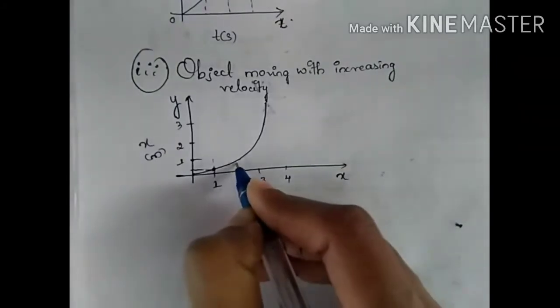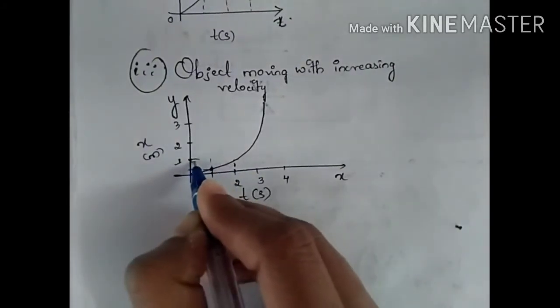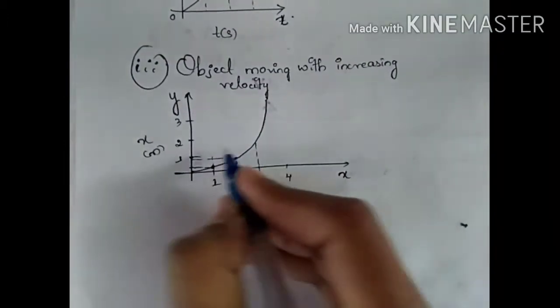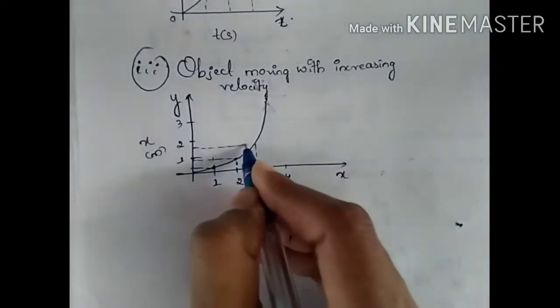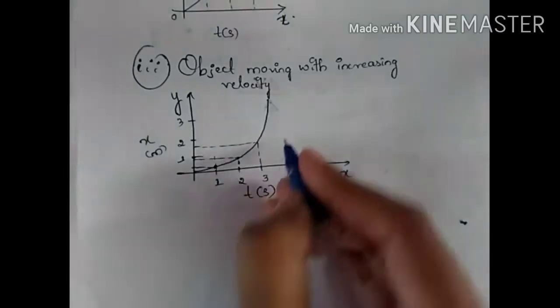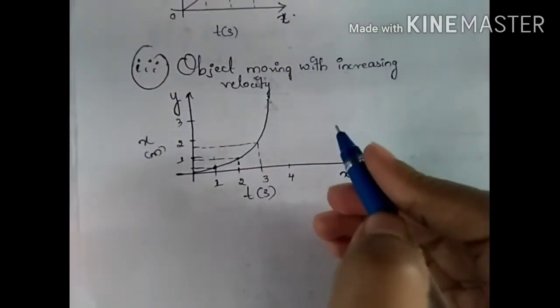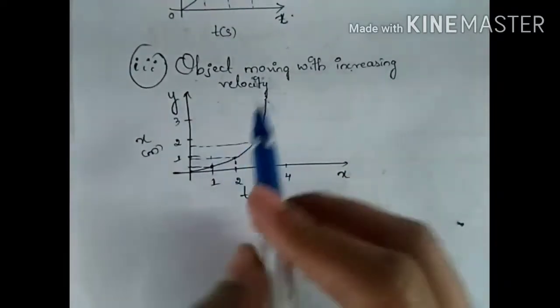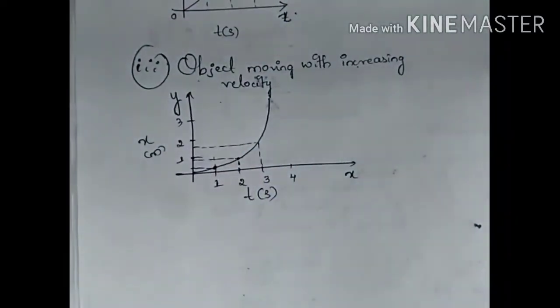For 2 seconds it is less than 1 meter. For 3 seconds it is greater than 1.5 meters, and so on. So for an object moving with increasing velocity, this is the graph.